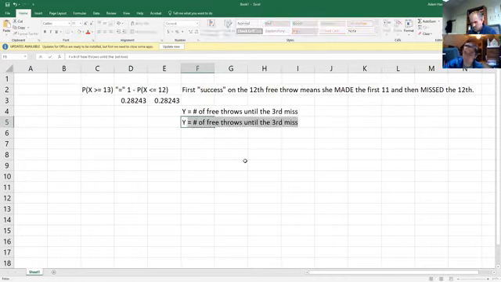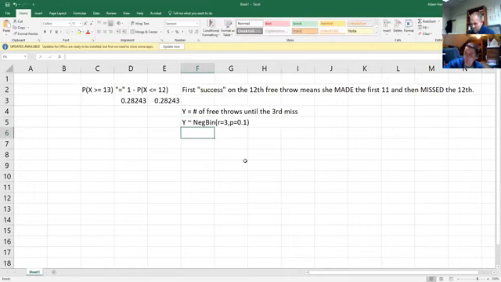Y is going to be negative binomial. So what's r here? That'd be 3. And what's the proportion of success? It would still be 0.1.